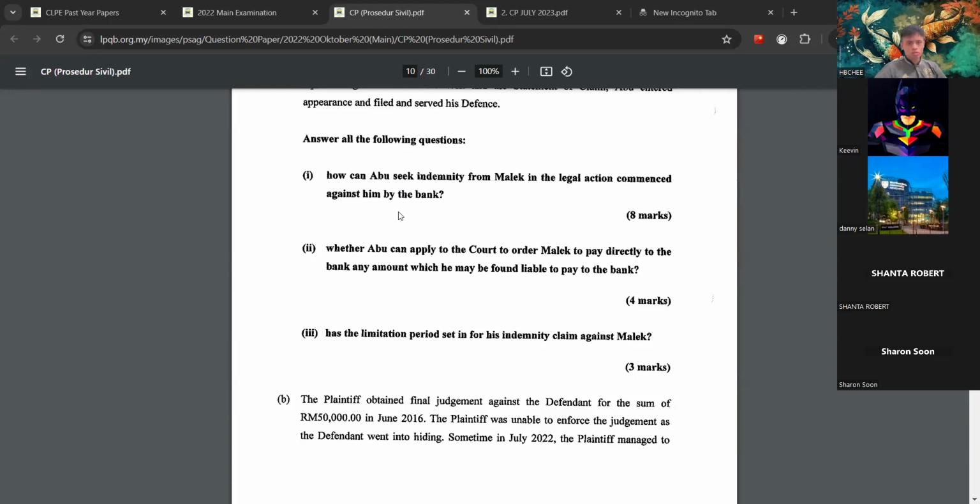I don't see why it's Order 15 Rule 6. But I would say third party proceeding is more relevant. Order 16 is enough already.